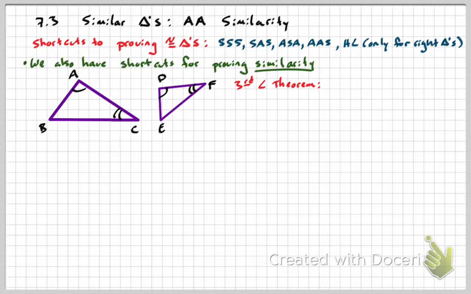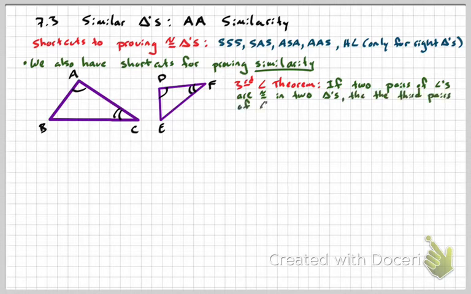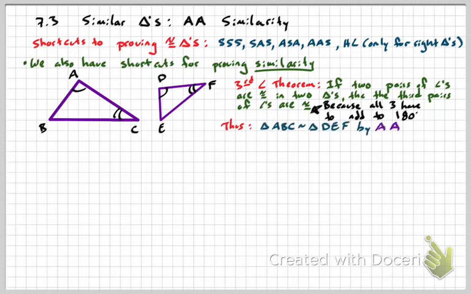So our third angle theorem states, if two pairs of angles are congruent in two triangles, then the third pair of angles has to be congruent. Has to be, because they have to add to 180. So if two of the three are the same, then the third pair has to be the same. So we only technically need to know that two angles are congruent. Okay. So based off that information, triangle ABC is similar to DEF via angle, angle.